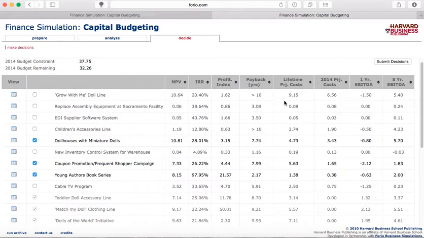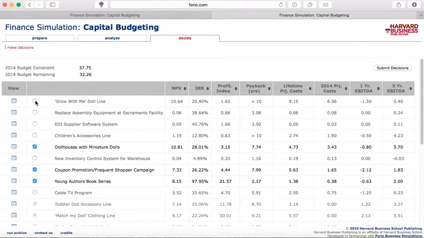So payback years are both the same. Lifetime project cost looks like the Grow With Me doll line will be more costly if you compare them, but it will also yield us more money in the long run. So in our long-term strategy, that may be a better option.